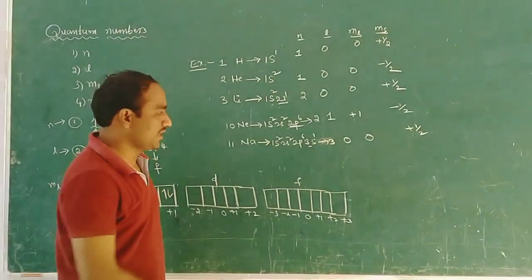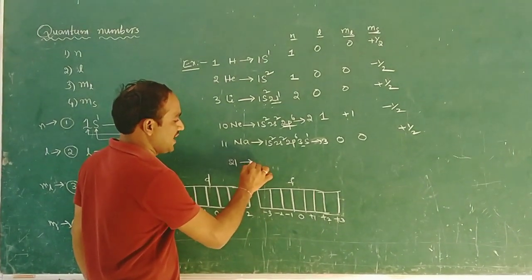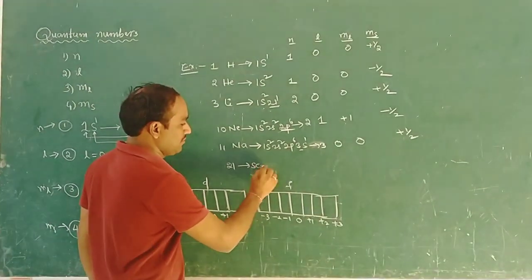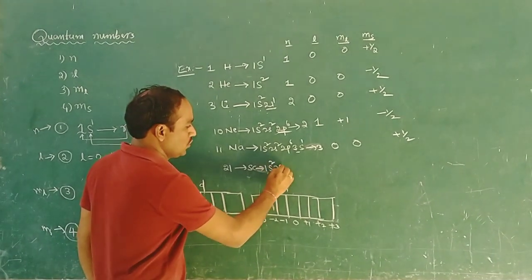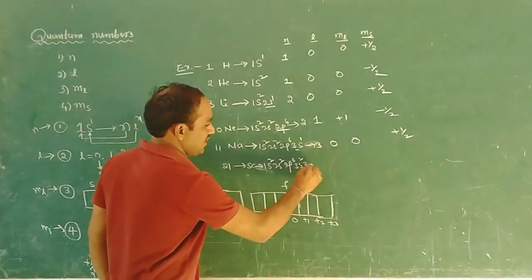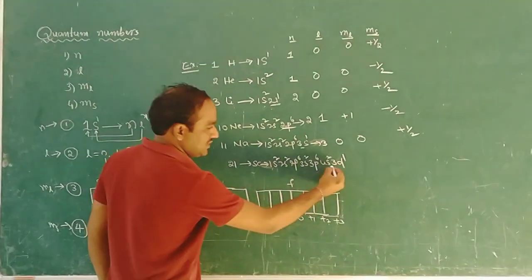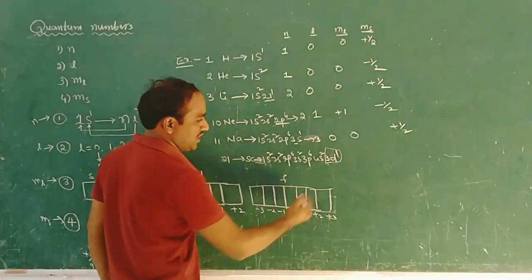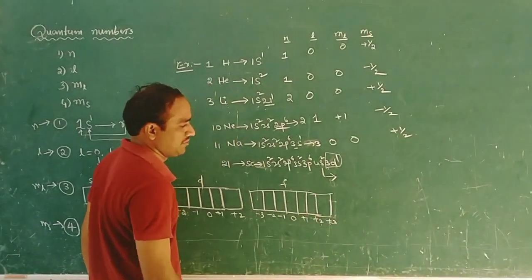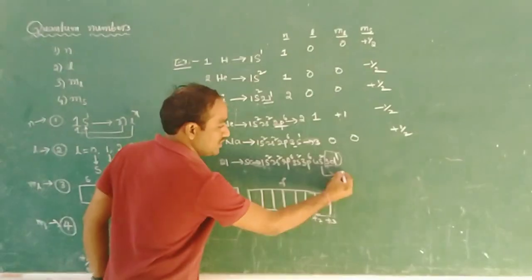And next, for example, 21, scandium. Scandium's electronic configuration is 1s2, 2s2, 2p6, 3s2, 3p6, 4s2, 3d1. For this 3d1 electronic configuration, write the 4 quantum numbers. First compare with the nlx method. n is equal to 3.